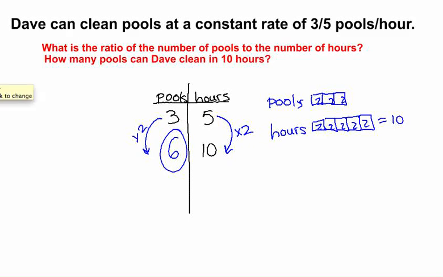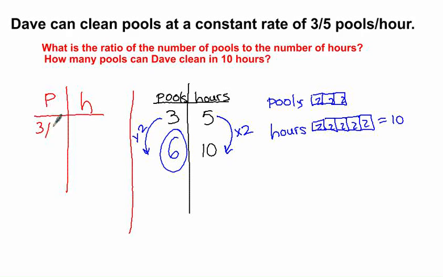And just off to the side, I want to make a quick point, now that you have a developed understanding with ratio, about what the difference would have been if you tried to solve this several weeks ago. Before we started a ratio unit, you might have looked at something like this and written out the original ratio as pools are 3/5 and hours are 1.